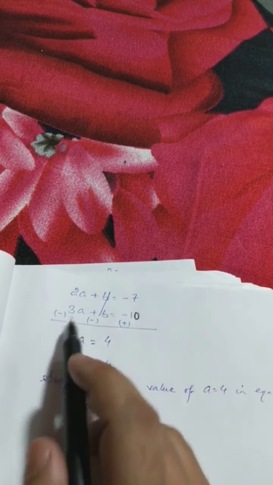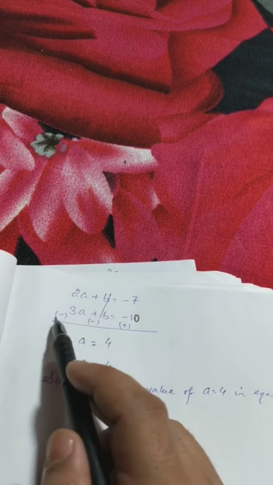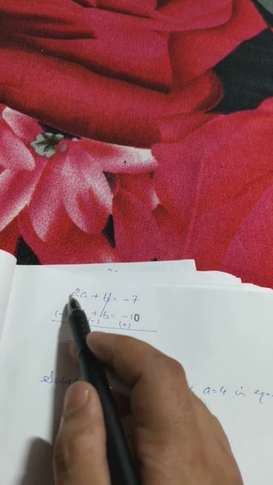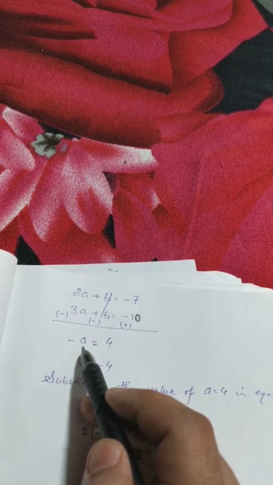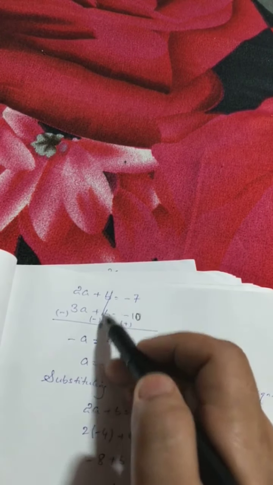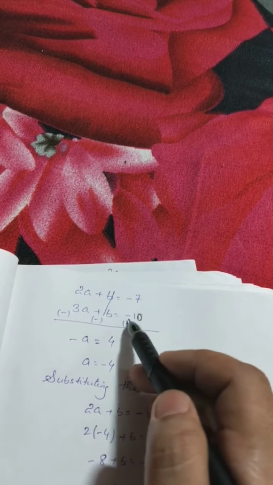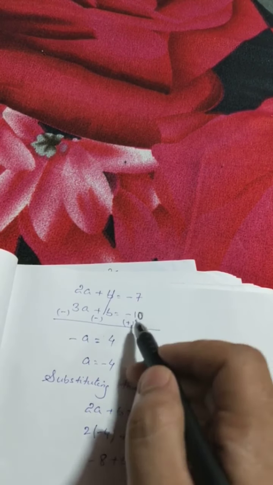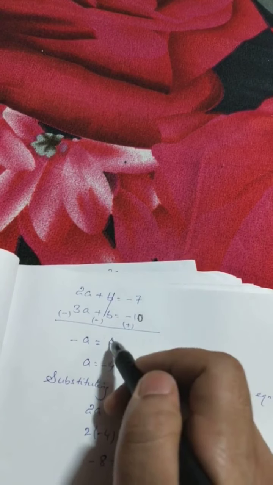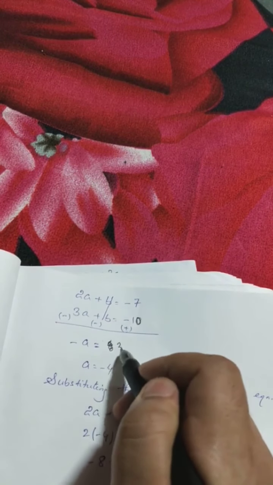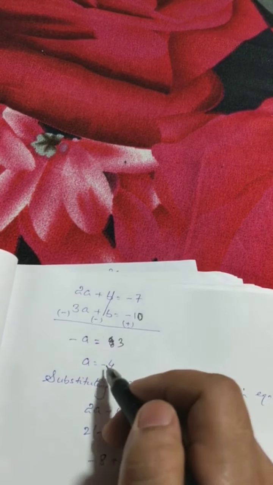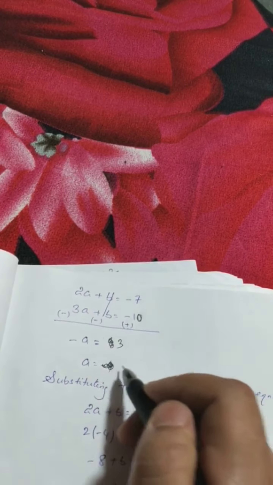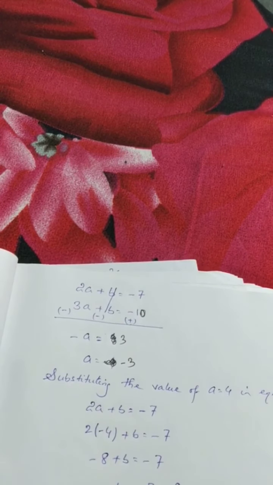So we'll subtract: 2a minus 3a will be minus a, b minus b will get cancelled, minus 7 minus 10, minus 7 plus 10, it will be 3. So the answer will be minus 3. So a is equal to minus 3.